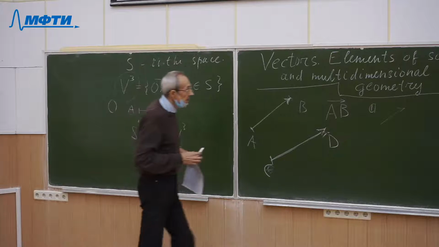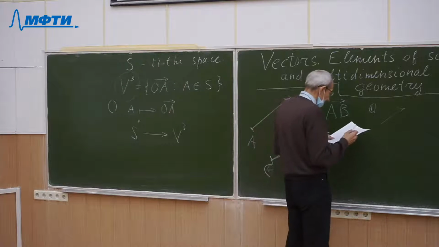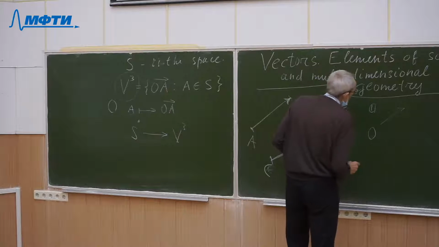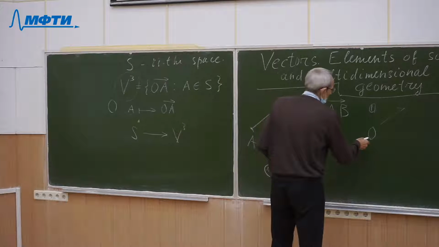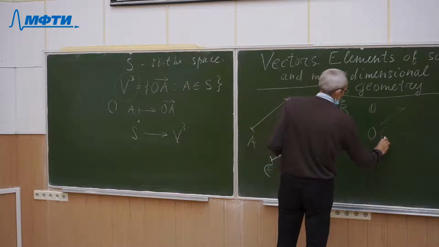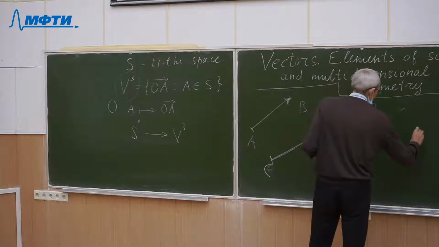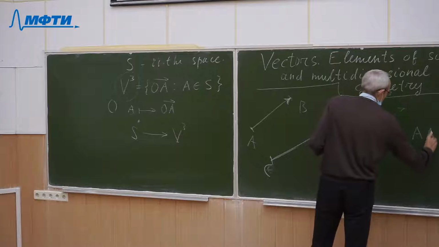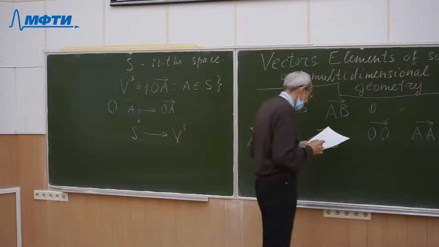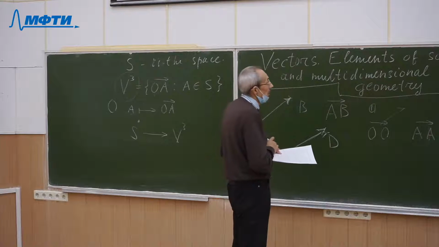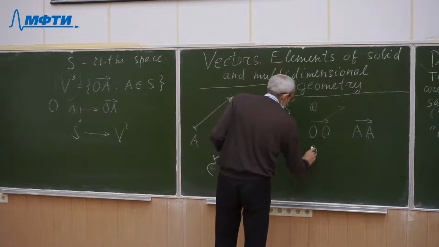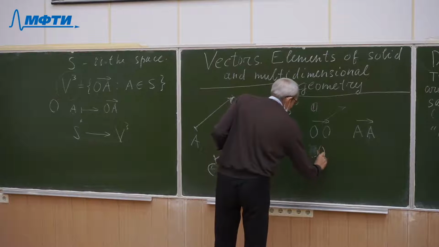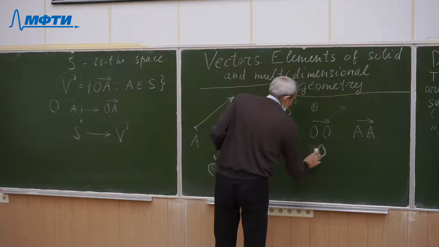We also consider vectors whose initial and end points coincide, OO or equivalently AA. Such a vector we will call the zero vector and denote by the letter O.